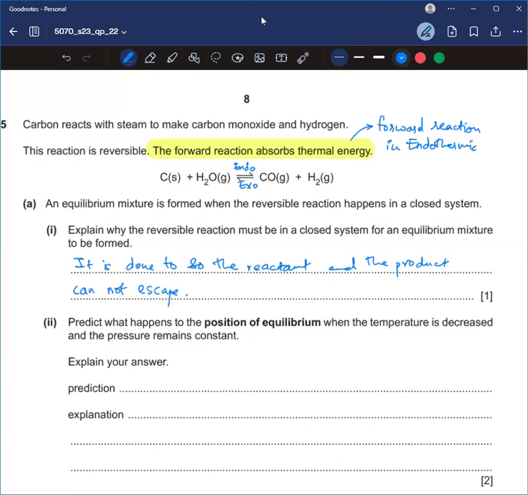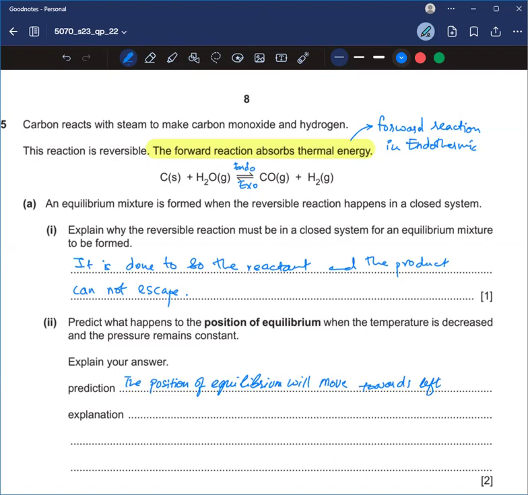If the temperature was increased, it would have moved to the right towards the products. But as the temperature is decreased, it would move towards the exothermic side, which means it would move towards the reactants. So I would write the position of equilibrium will move towards the left hand side.